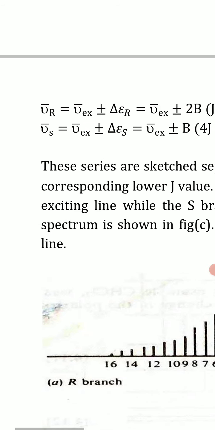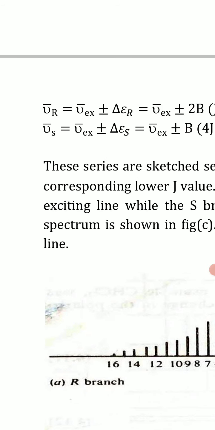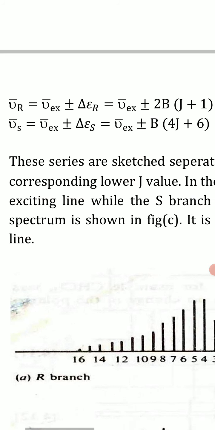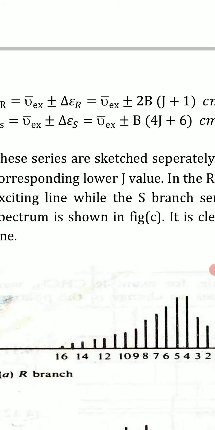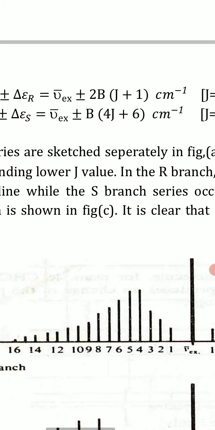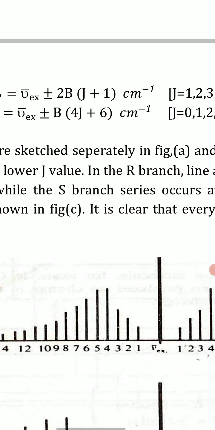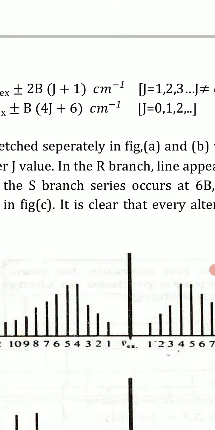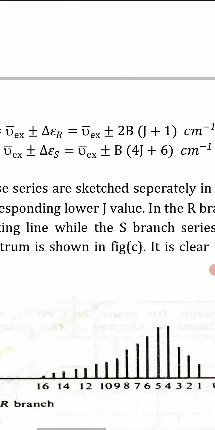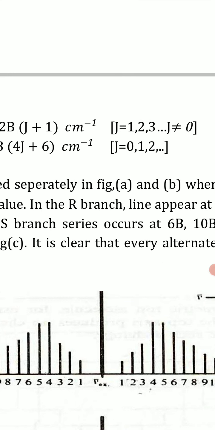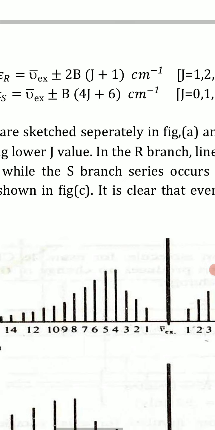And for S branch lines, we have wave number nu_S bar equal to nu_ex bar plus minus delta E_S, so nu_S bar equals nu_ex bar plus minus B(4J+6) centimeter inverse. Here values of J are 0, 1, 2, 3, 4, and in the previous case, for R branch lines, values of J are 1, 2, 3, 4. It is not equal to 0.